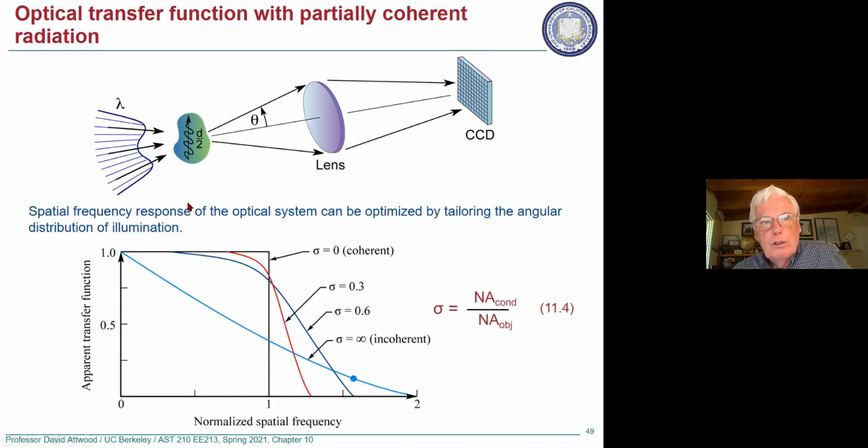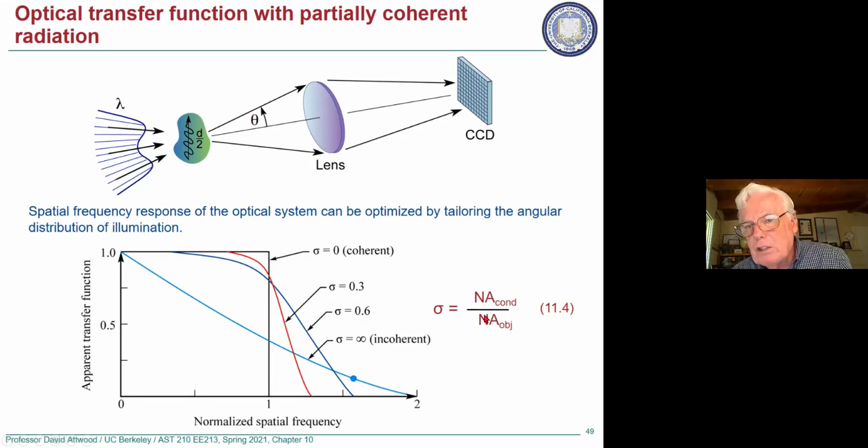And what we do is we talk about this angle theta, we'll call this the numerical aperture of the lens, okay? The numerical aperture of the objective lens of the microscope. But there's an illumination half angle also. There's often a condenser lens here. And so the angle on this side is called the numerical aperture of the condenser.